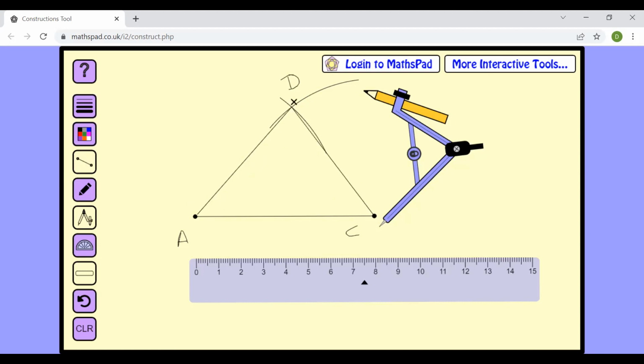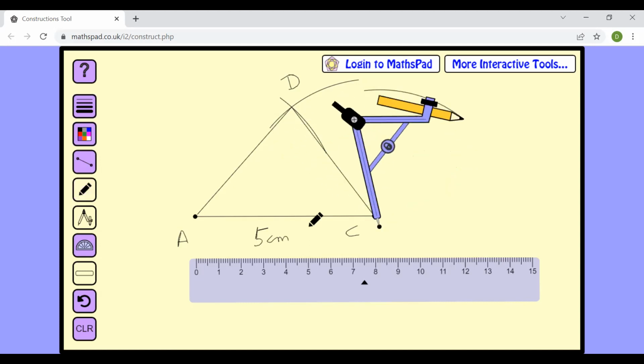Ma'am, I couldn't understand the 6.5 part. Can you just show me again? Like how to construct it. Okay, wait. This is of 5 centimeter. See, open your compass.